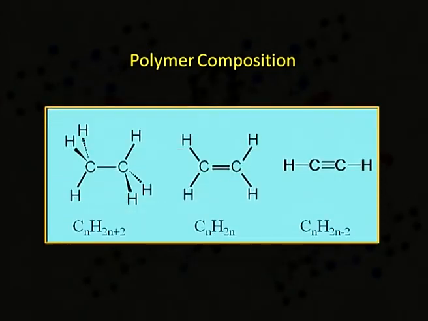Here in this structure we can see the saturated and unsaturated hydrocarbons which form polymers, that is CH3 combining with CH3 by this covalent bond and the formation of ethane is going on. This is an example of ethylene having a double bond, and this is an example of acetylene, a triple bonded hydrocarbon.